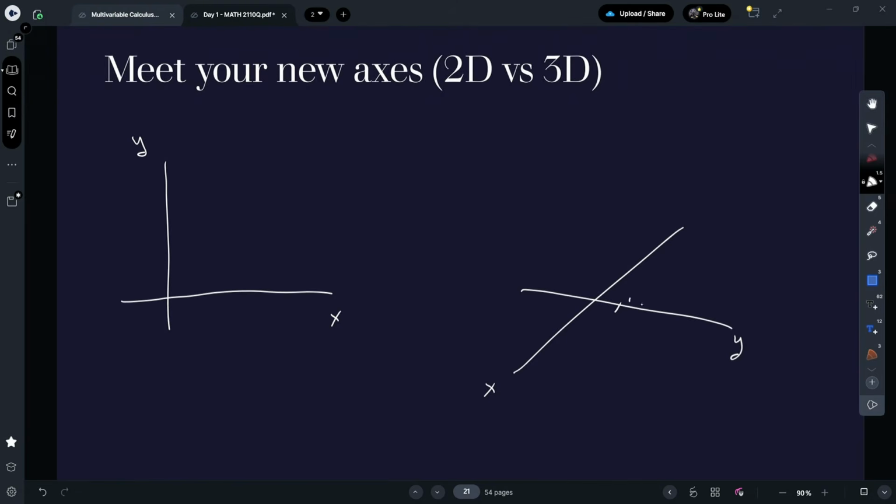So this is 1 and 2 and 3 and 1 and 2 and 3. So the positive axes are here. And then we're going to jump to 3 dimensions by putting here the z-axis. And again, the positive side of the z-axis is going up out into space.